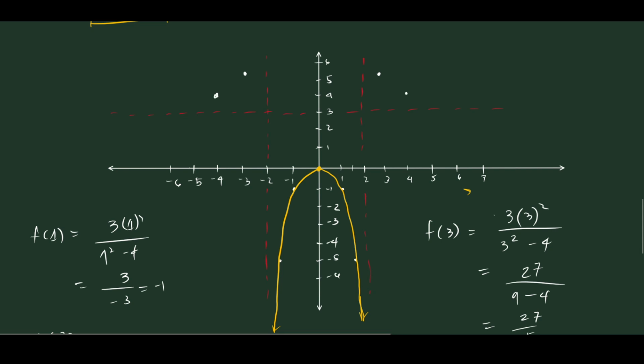So you can say that our graph behaves like this from these two points. Okay, we have a vertical asymptote there and like that. Oh, we touched the asymptote. That's a foul move.